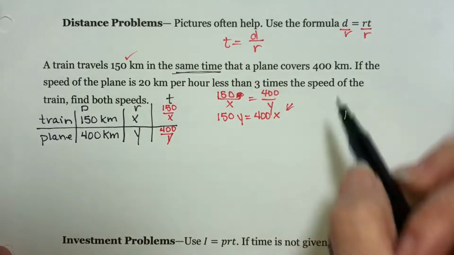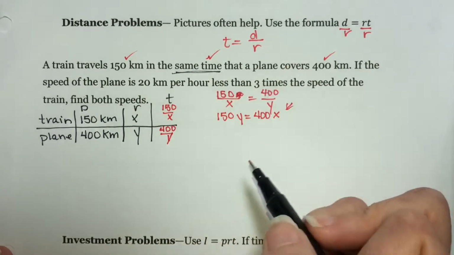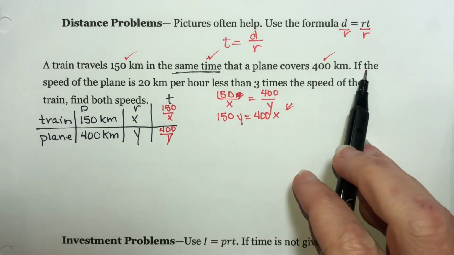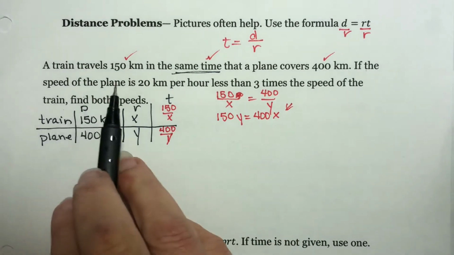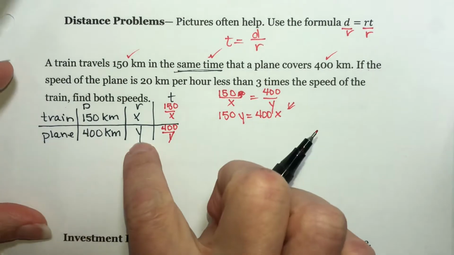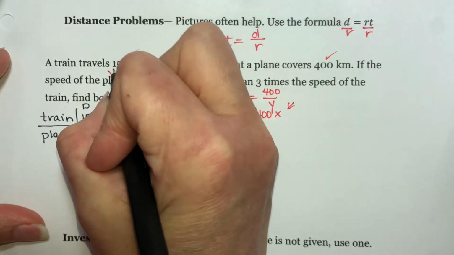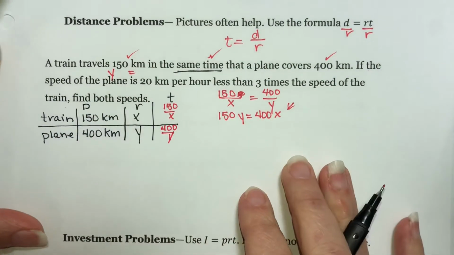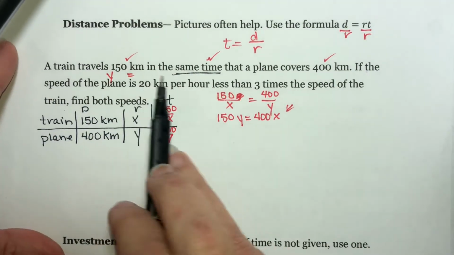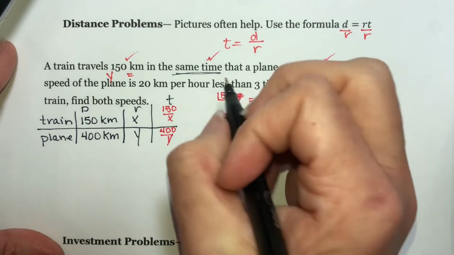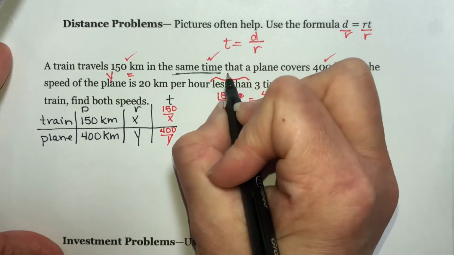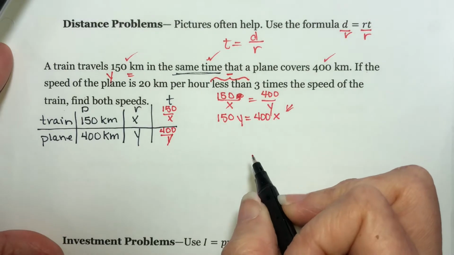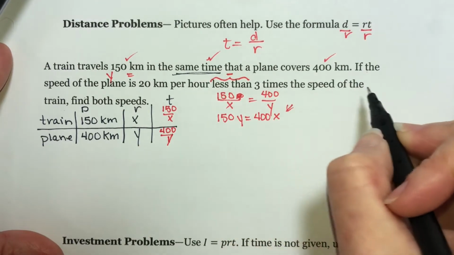We've used this, we've used it at the same time. The next part, if the speed of the plane is, well, what is the speed of the plane? That's Y. So Y is 20 per hour less than, so this is going to be a subtraction that makes it tricky, 3 times the speed of the train.